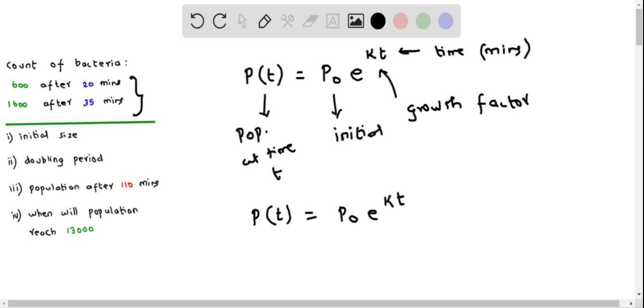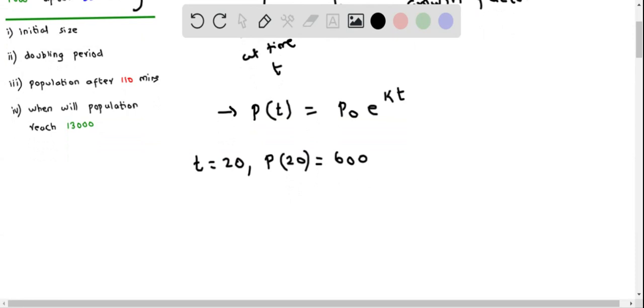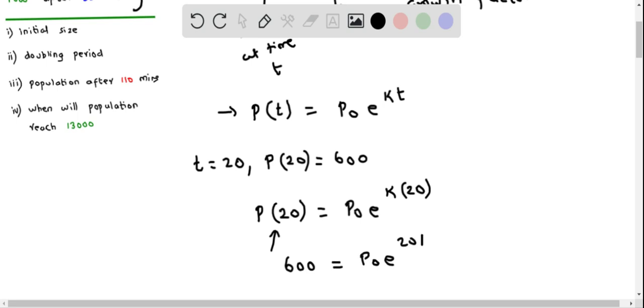After 20 minutes, the count of bacteria is 600, which means when t equals 20, P of 20 equals 600. Plugging in, we have 600 equals P naught e raised to the power of 20k. Let's say this is equation number 1.